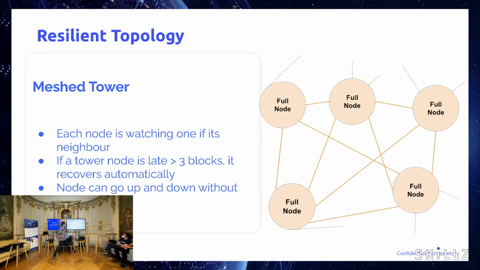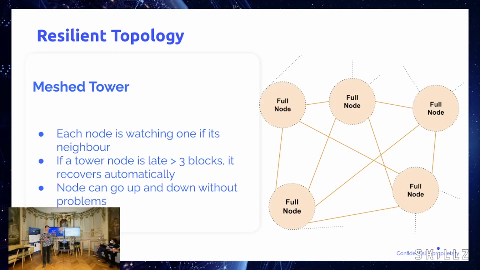Each node is connected to all of the nodes of the tower with static configuration. And each node is watching its neighbor to be able to detect if there is an issue with the current node. So basically, by looking at the block height of each node, you know your current state. You know if you are ahead or if you are behind. And if you are behind, then there is an issue, and you probably want to automatically restart your node. And this is what we do, basically.